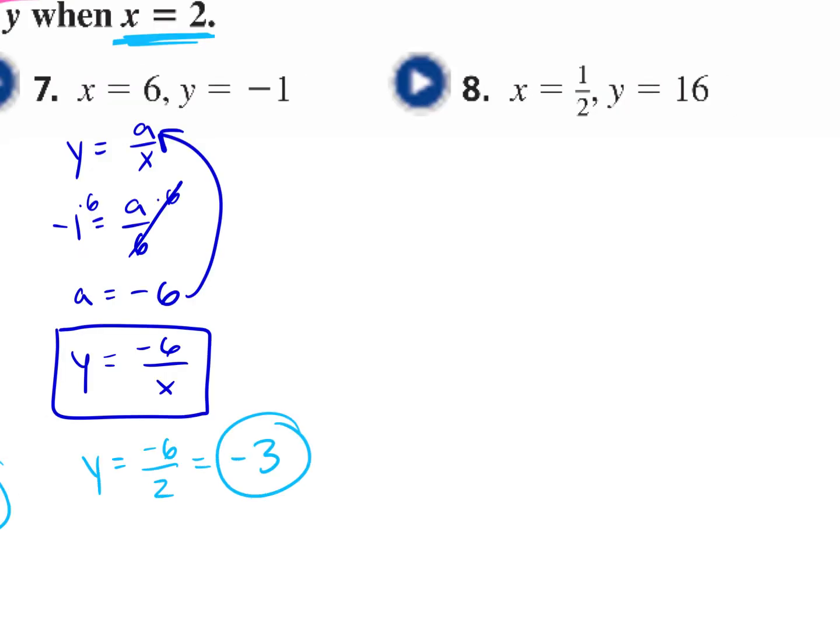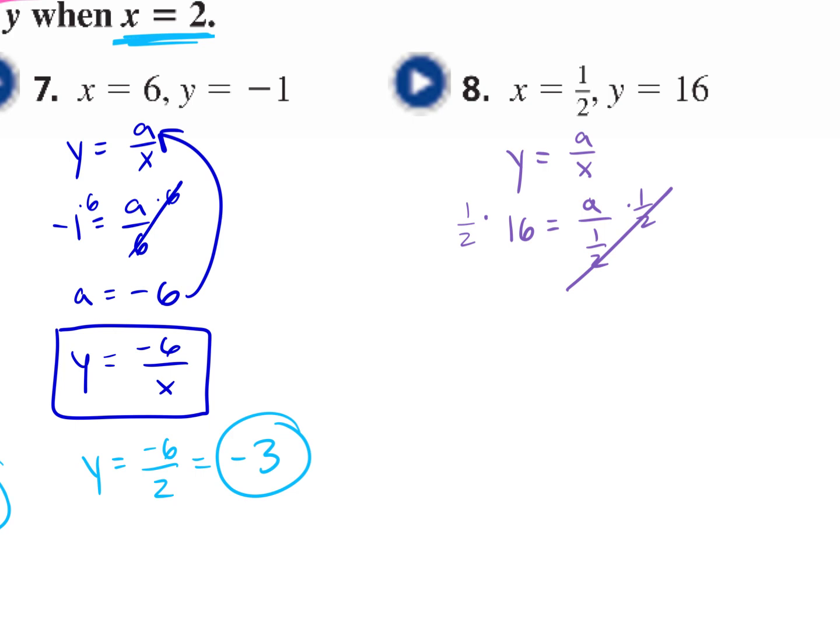All right, let's look at 8. It's pretty simple. So y is equal to what? A over x. So let's plug in our x and y. So 16 is equal to a over 1/2. Multiply both sides by 1/2, just like we did before. So even though it's a fraction, it looks scary. We're doing the same thing. Multiply both sides by 1/2.